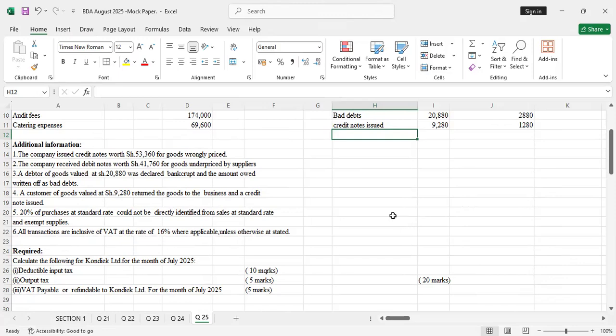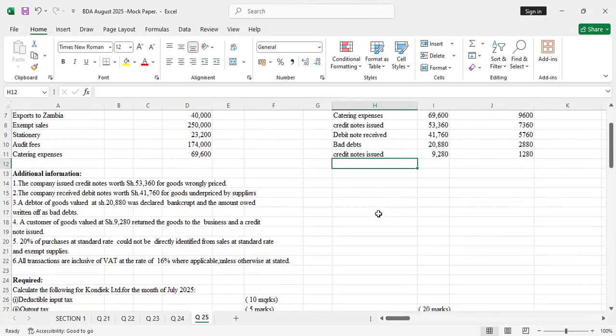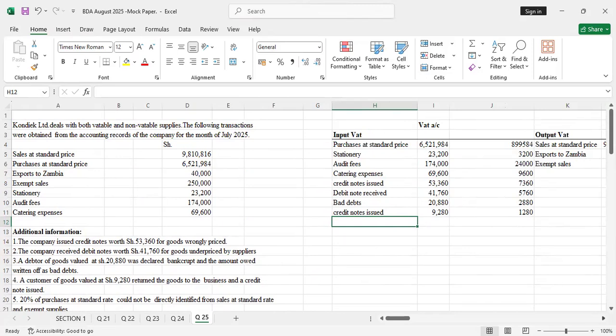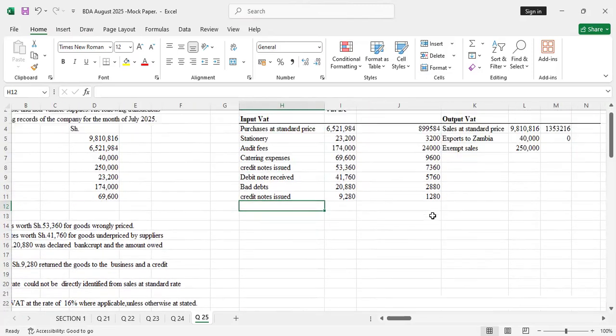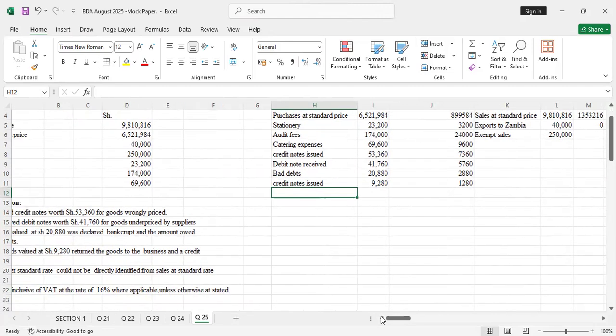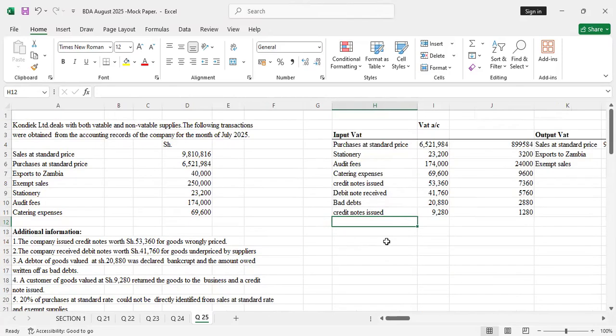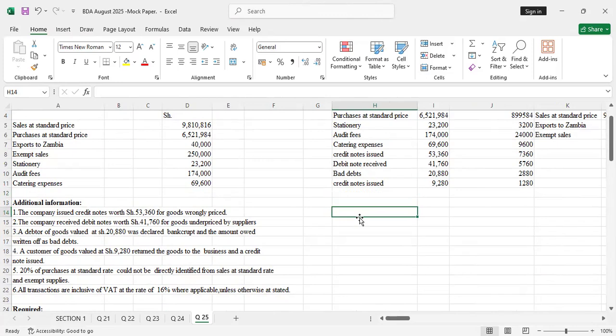Yeah, so once you have analyzed that question, we have the input and the output VAT. Once you have this data, now we'll be able to determine what we call the deductible input tax.